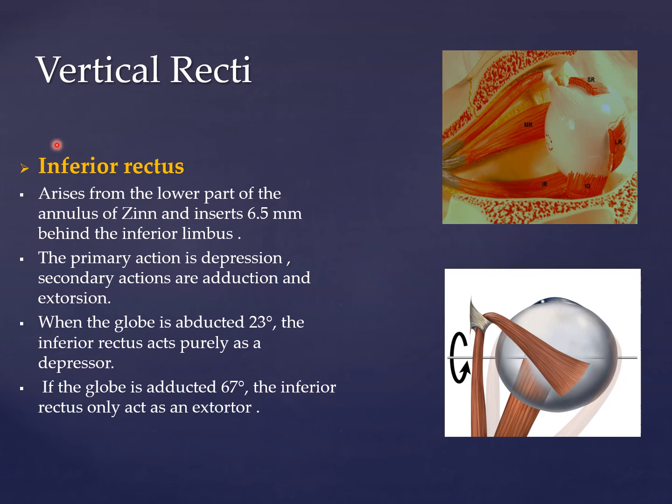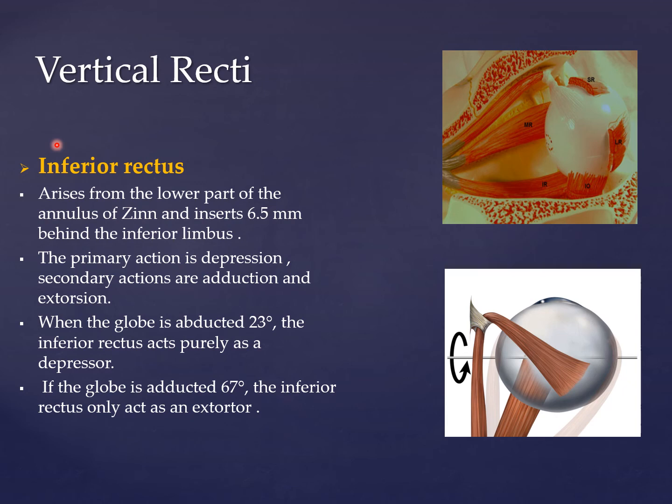So when it contracts, the eyeball moves downwards. And because it is attached near to the inferior limbus, when it contracts, it moves the vertical part of the inferior corneal meridian inside and the vertical part of the superior corneal meridian outside, which is called extorsion. And it also has a tertiary action of adduction.